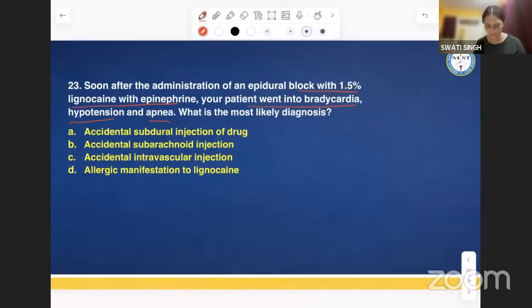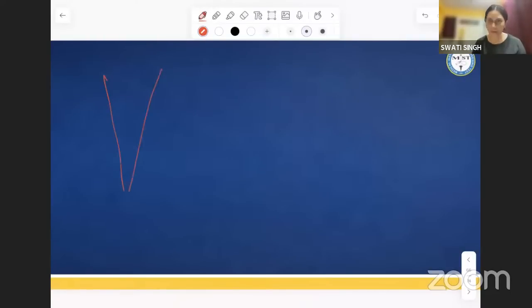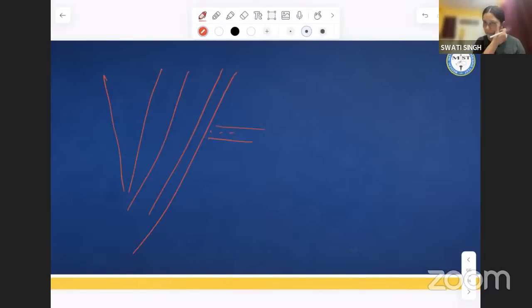Little change in the symptom. This is your spinal cord via arachnoid, dura. So I wanted to give the drug outside the dura mater for epidural, right? So in epidural, we give a large volume of drug, 15-20 ml. By mistake, my needle went into the subdural space or even worse the subarachnoid space, and my drug went into the subarachnoid space.